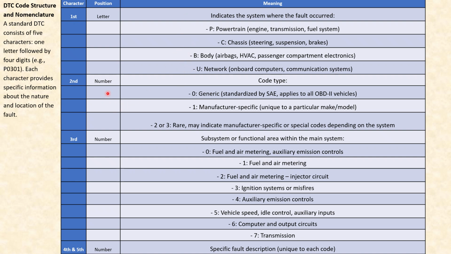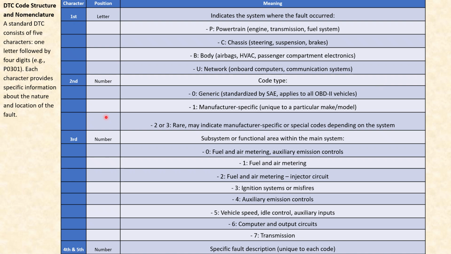Next comes the number. As I said, this is an alphanumerical code. Next is the generic one, whether it is standardized by SAE or applies to all OBD2 vehicles. One is manufacturer specific, unique to a particular make and model. And two or three may indicate manufacturer specific or special codes depending on the system.